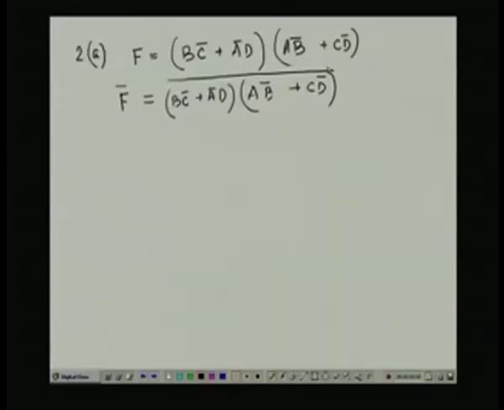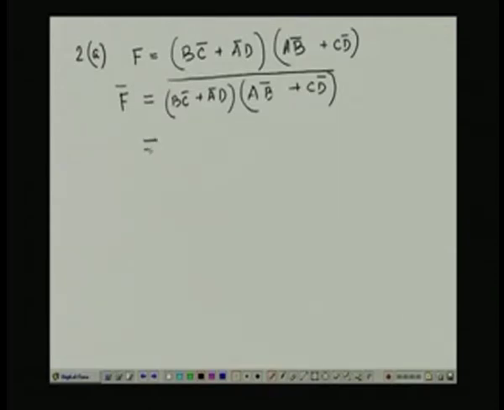So, complement this thing. Now, we replace the two operators, that means plus will be replaced by dot and dot will be replaced by plus, and the complemented variable would be replaced by the uncomplemented one and vice versa.